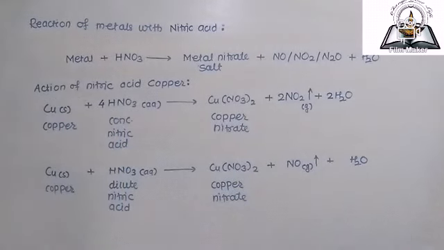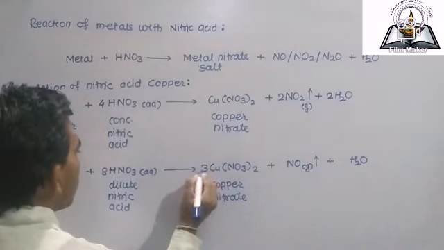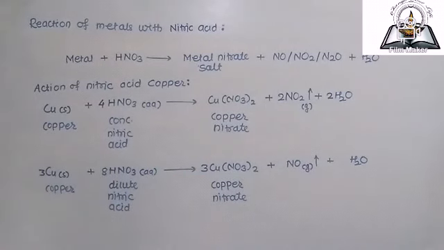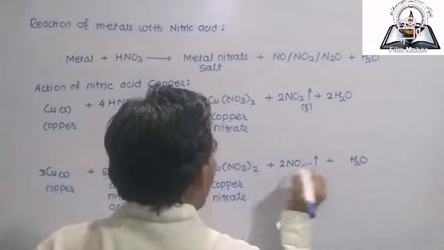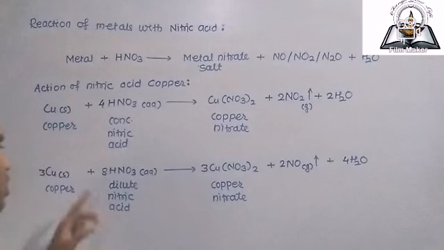बराबर है. So if you balance the chemical reaction, 3 copper, or thrice copper, reacts with 8 HNO3 and gets converted to thrice Cu(NO3)2 plus twice NO plus 4 H2O molecule, that is बराबर है.